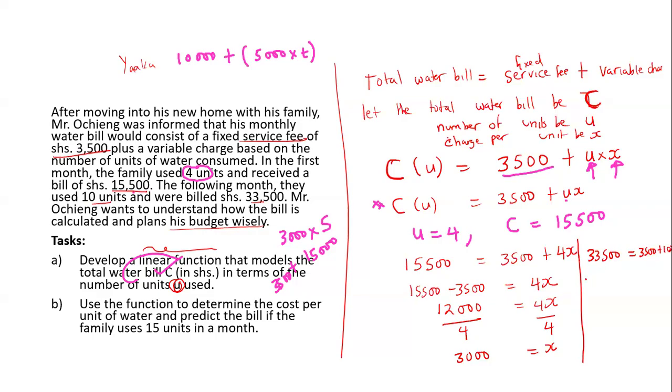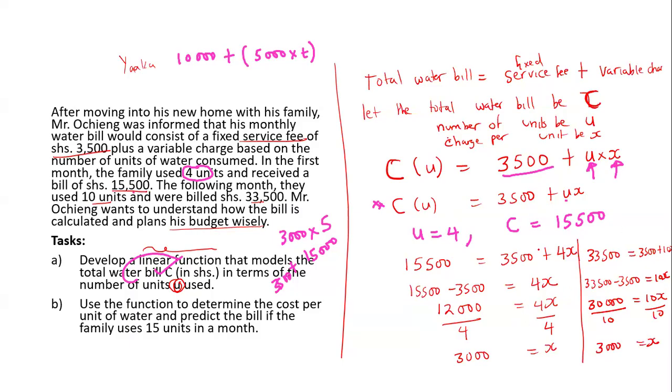So 33,500 minus 3,500 is equal to 30,000, which equals 10x. When you divide by 10, you get 3,000 is equal to x.